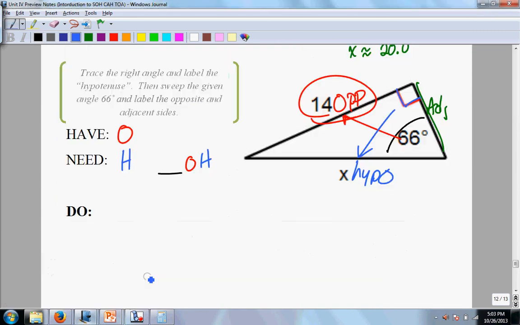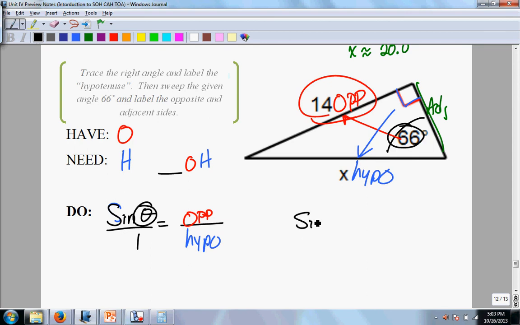So I write out that equation. Sine theta over 1 equals opposite over hypotenuse. Now I plug everything in. Sine theta, I pick up my theta, I have sine 66 degrees over 1 equals opposite, which is 14, over x.